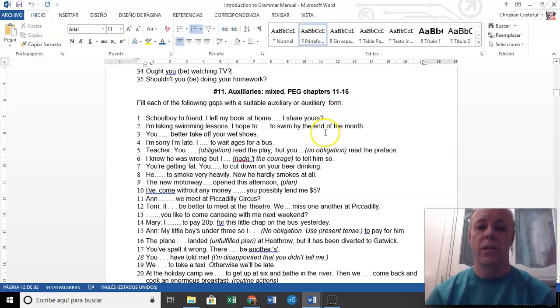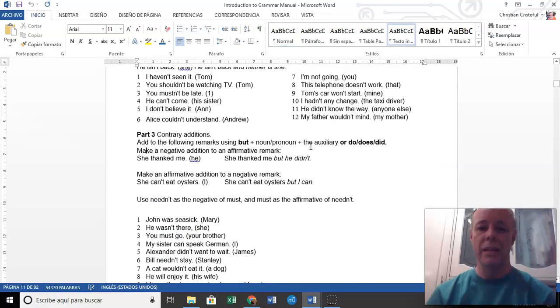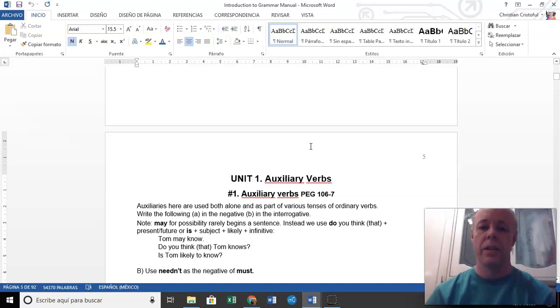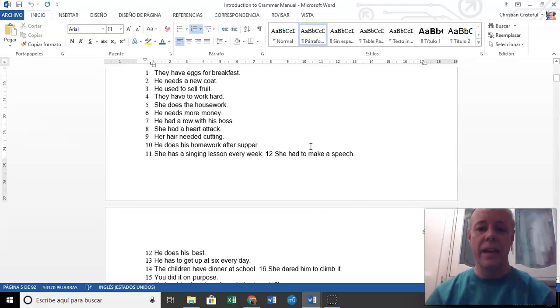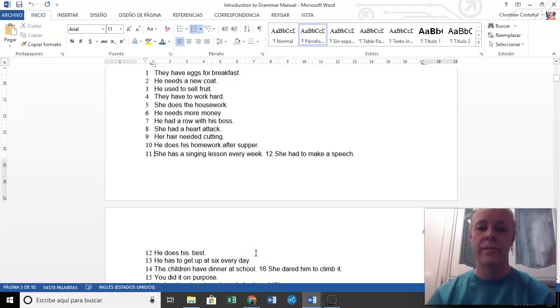Okay. So notice that before that, you did 10 different exercises. Number one, that we did in class, remember, had to do with interrogative and negative forms. But then it has to do with conjugated forms. Negative, interrogative again.